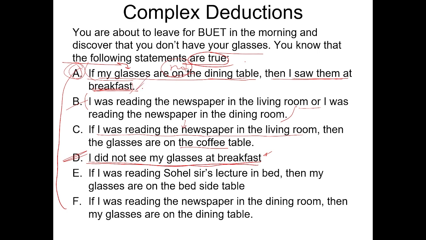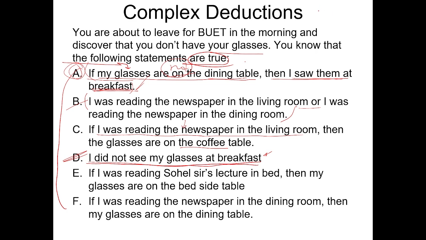So we are applying modus tollens to A and D. Remember what was modus tollens? P implies Q is the normal thing. P implies Q, P, so Q. That was modus ponens.